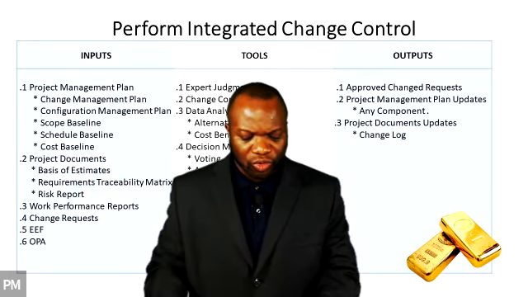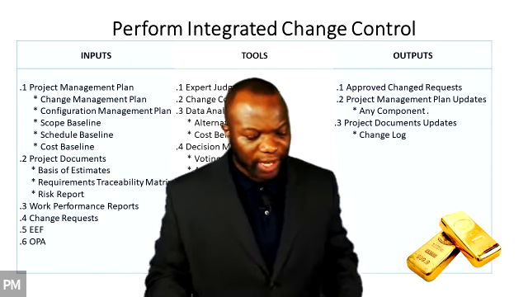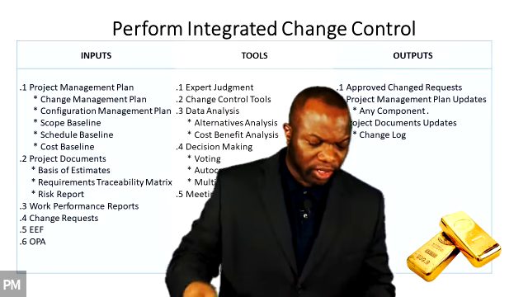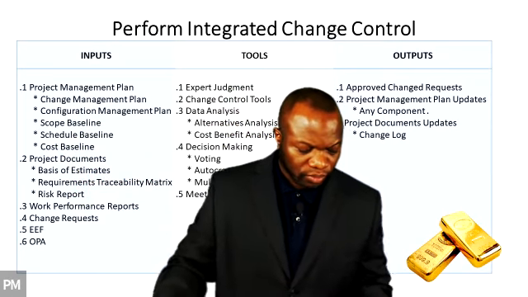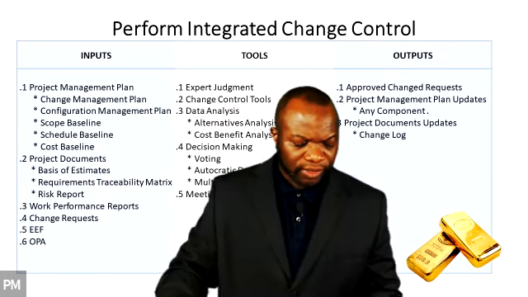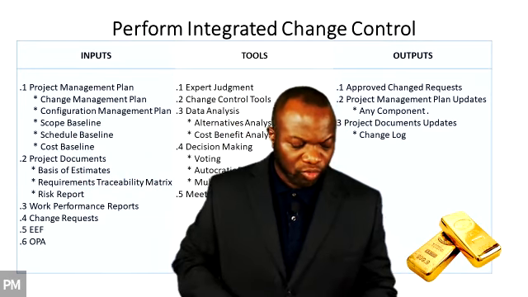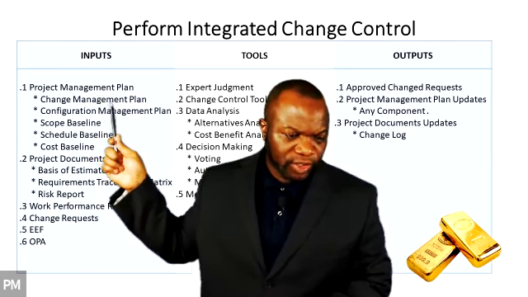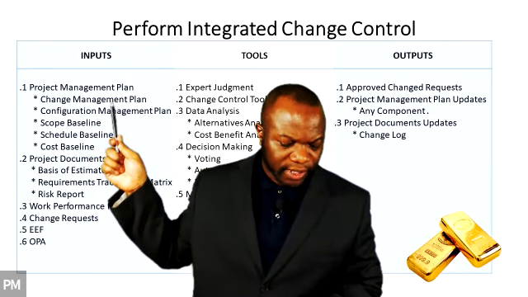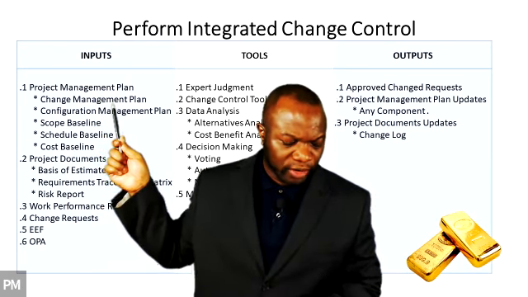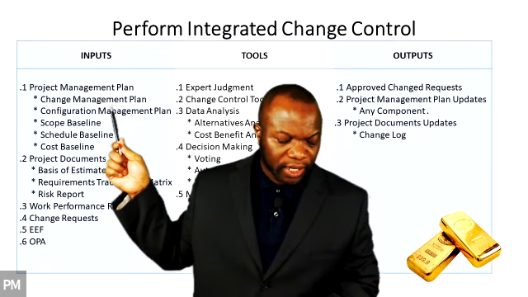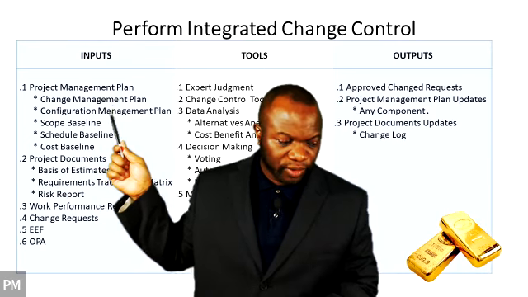Now you may ask the question, why do we have these as inputs? Follow me really quick to page 116. And I'm going to read the high level of each one of those items. All right, so let's start off with this. Change management plan. It says it provides the direction for managing the change control process and documents, and it documents the roles and responsibilities of the change control board.